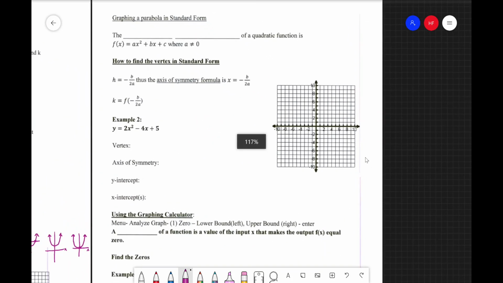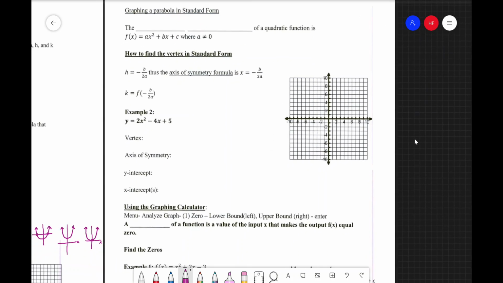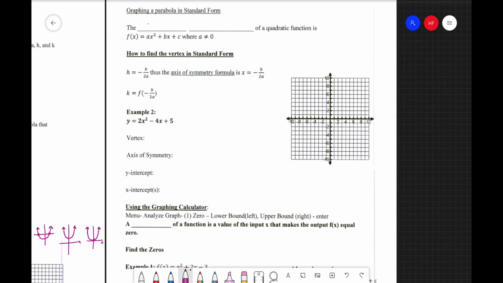So when we're graphing in standard form, the standard form is when we have ax squared plus bx plus c, where a cannot equal 0. And a, b, and c are all just numbers. So to find the vertex in standard form does have its own formula.